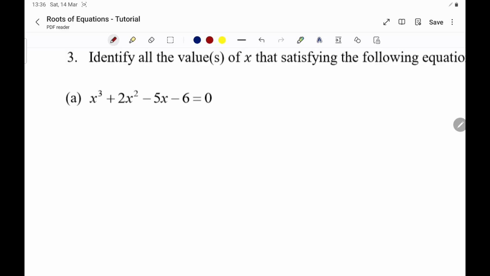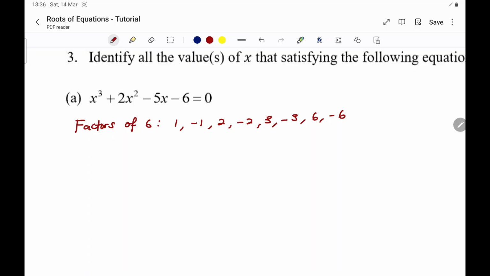Remember, we have to find factors using the coefficient of x to the power of 0, which is negative 6. Then you list down all of the factors of negative 6 or 6. So here you list down 1, negative 1, 2, negative 2, 3, negative 3, 6, and negative 6.